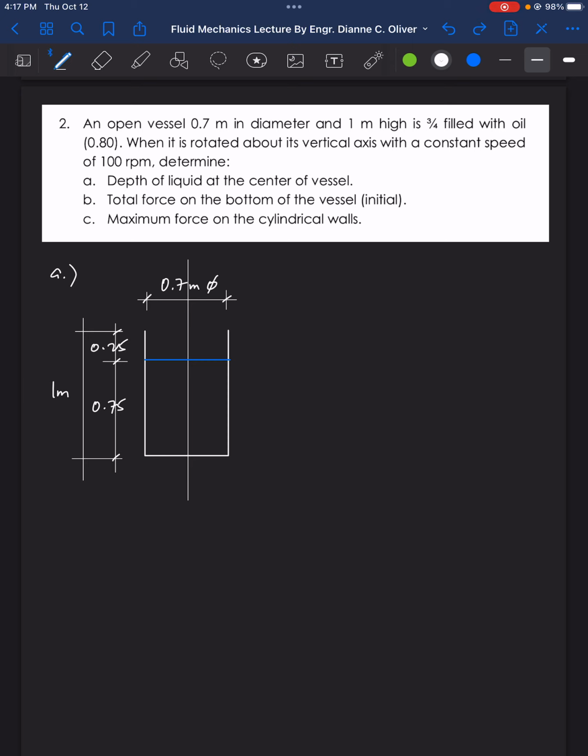So since given here is the RPM, let's solve for the height of the paraboloid by using the formula.